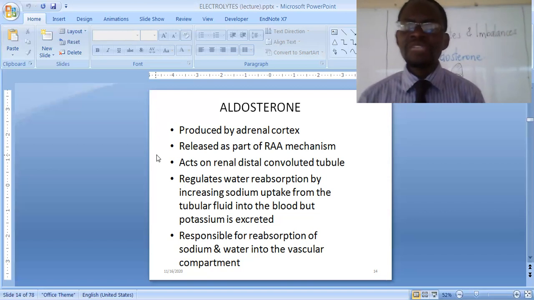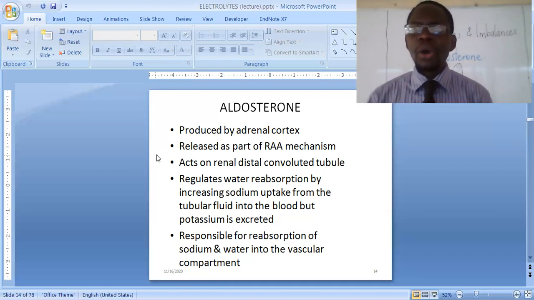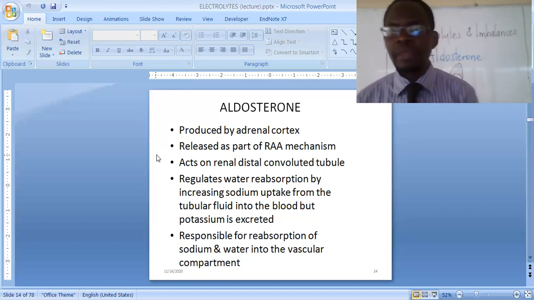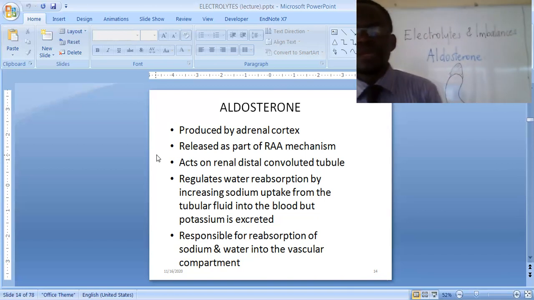Now, it is responsible, we said earlier, for absorption of sodium. And remember, where sodium is absorbed, water follows. You shouldn't forget that. Where sodium comes, water follows. So that is very, very important.